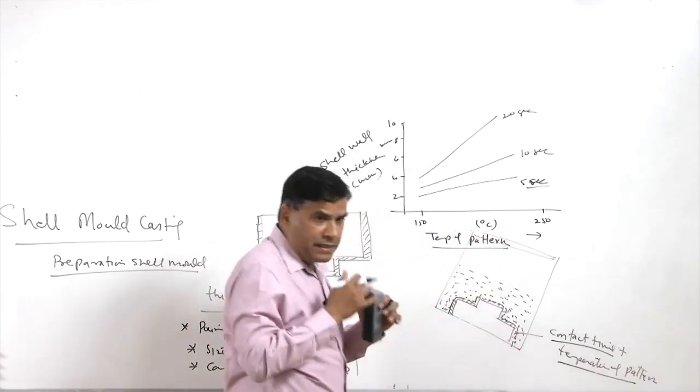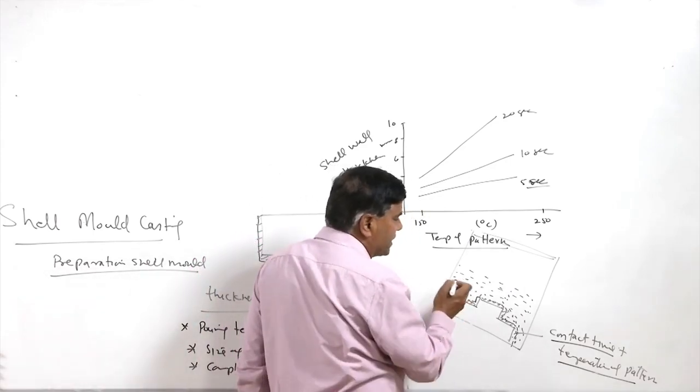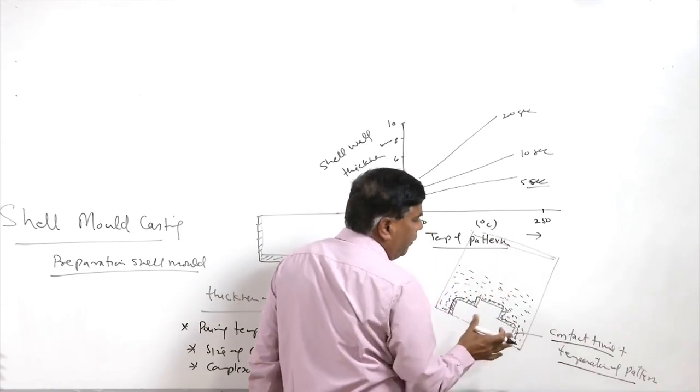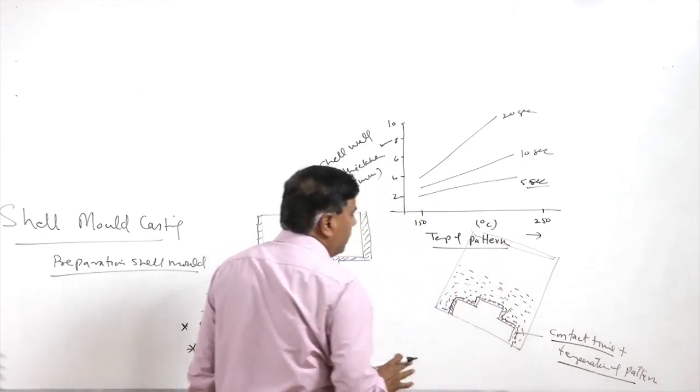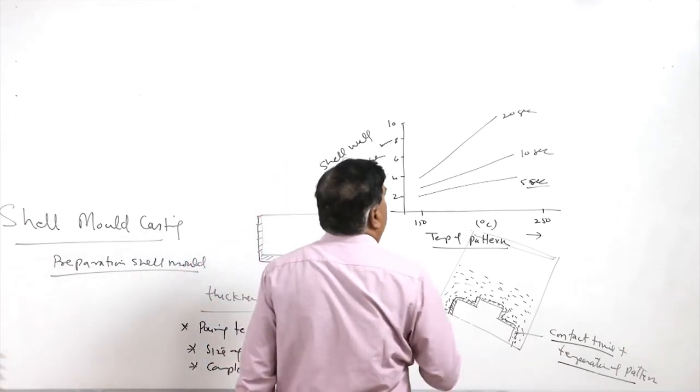So, with the increase in pattern temperature, more and more of the resin will be melting, and the sand mixture will be forming the cover around the pattern to increase the thickness of the shell.